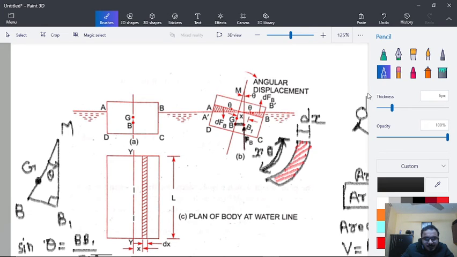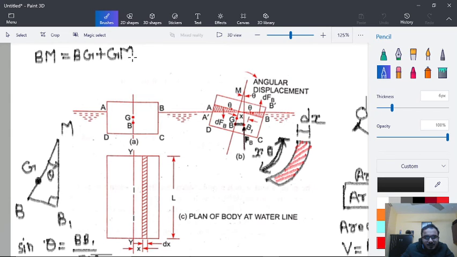We have obtained the value of BM. So here BM is equal to BG plus GM.